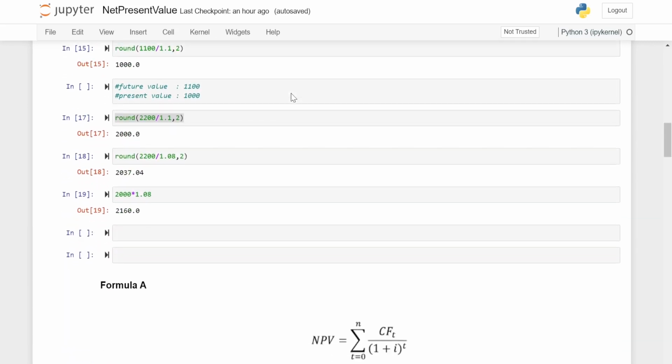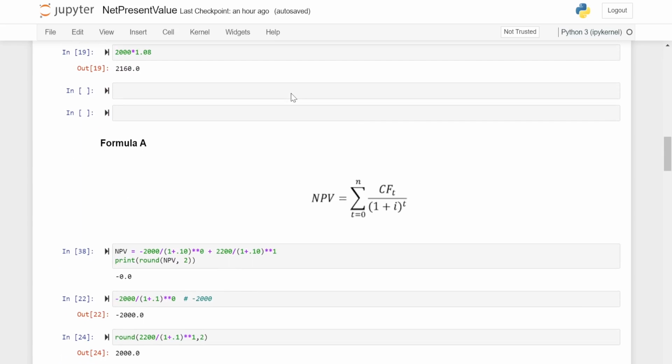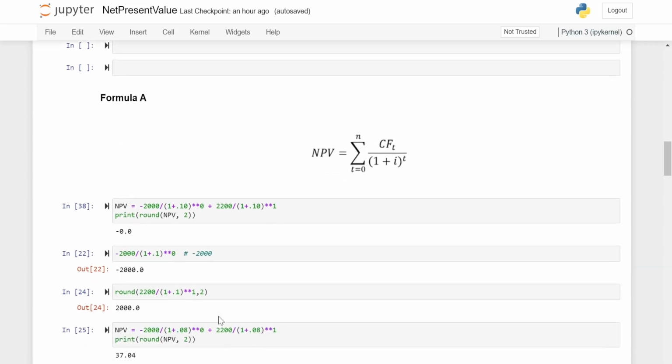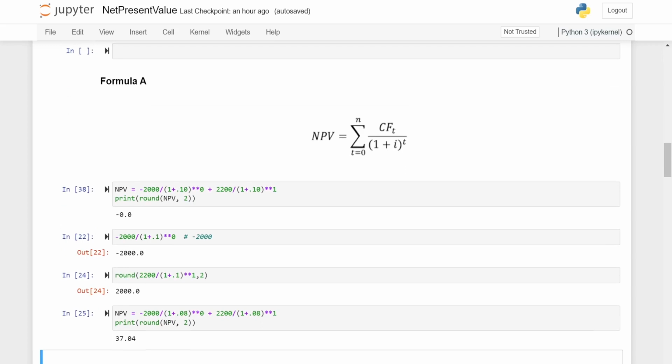So what we will do is consider multiple cash inflows. Before we do that, look, we used this formula to arrive at NPV for 10% as well as 8%. There is another formula. See, here the period is 0, right?